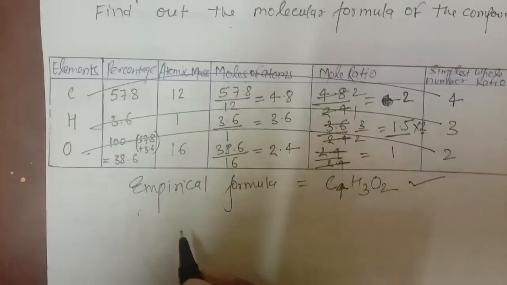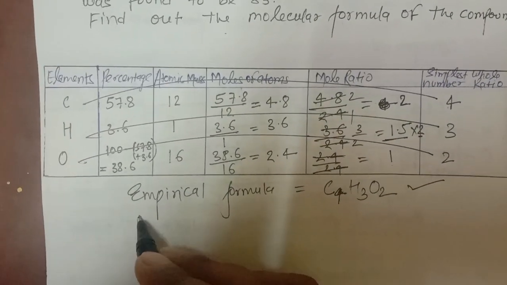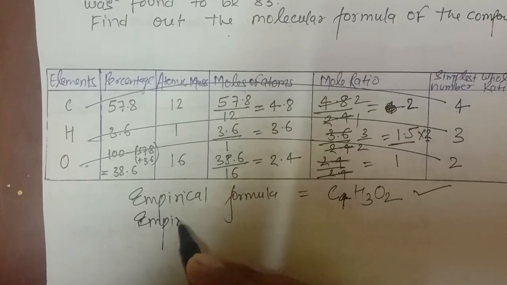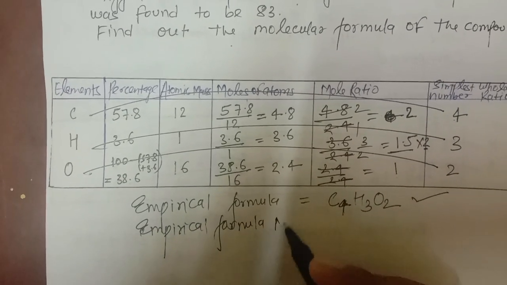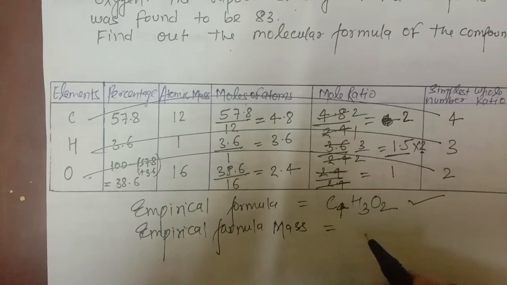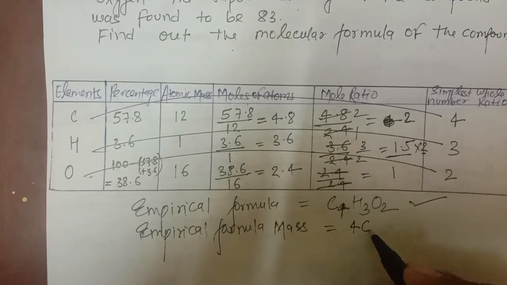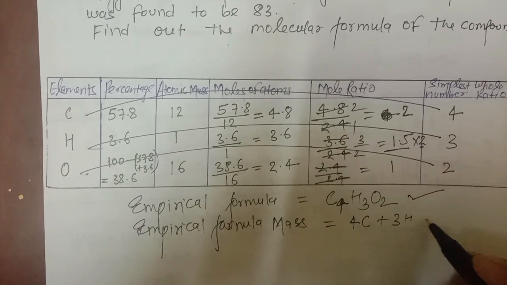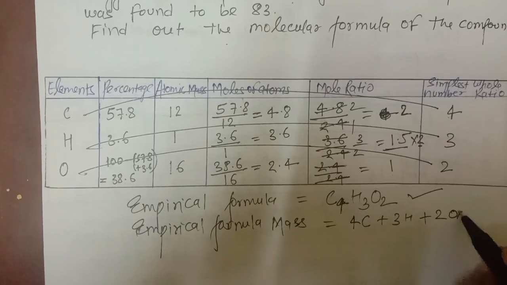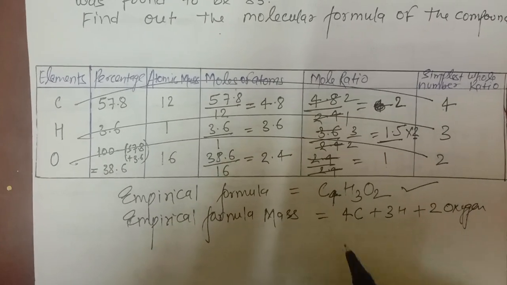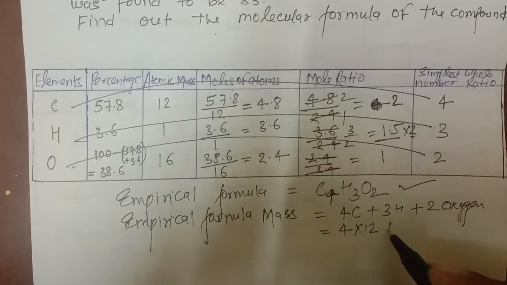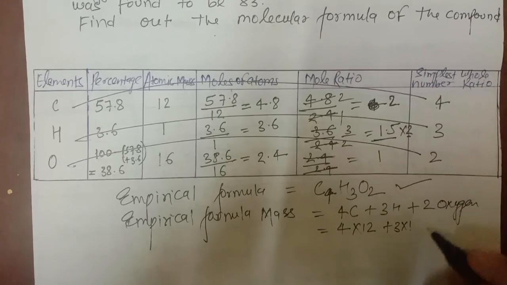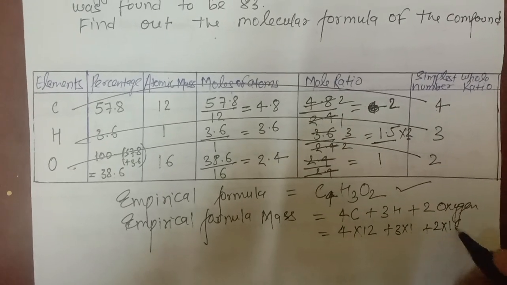Now we will find out the empirical formula mass. Here 4 carbons are there, plus 3 hydrogens, and plus 2 oxygens. The atomic mass of 1 carbon is 12, of 1 hydrogen is 1, and of 1 oxygen is 16.